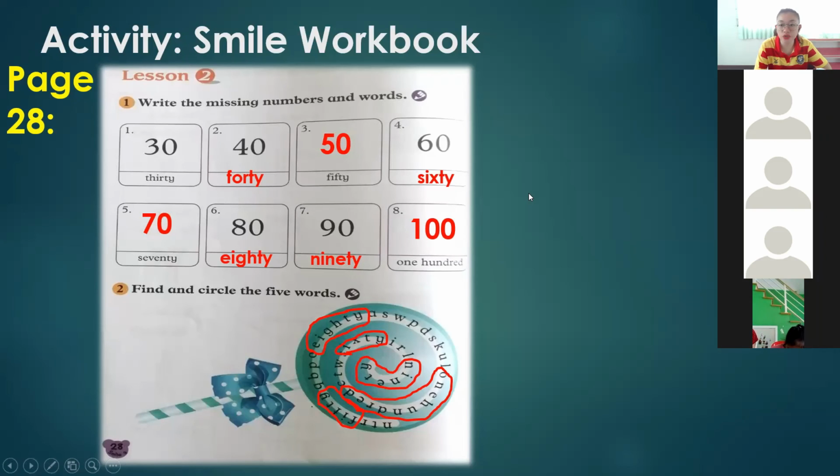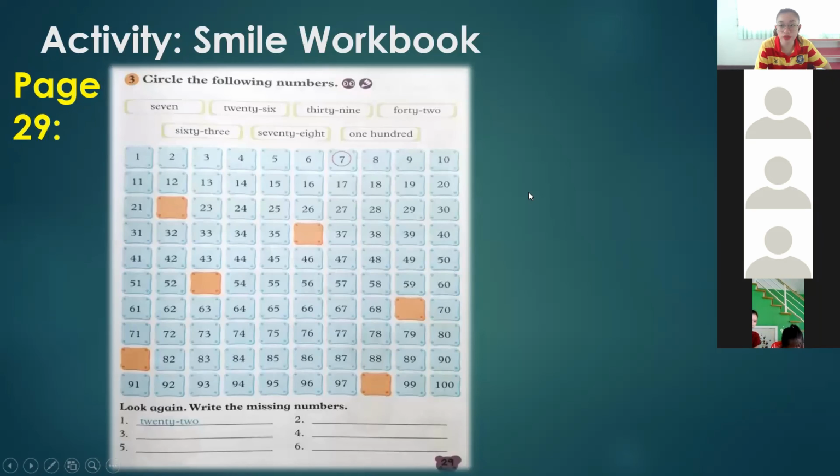On page 29 of your workbook, we have exercise number 3. We have the instruction: circle the following numbers. We have 7, 26, 39, 42, 63, 78, and 100. So we're going to encircle, so we're going to find these numbers. We have 7.